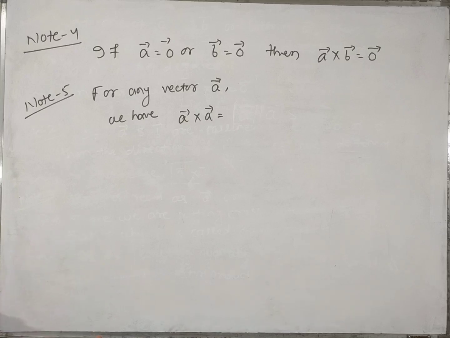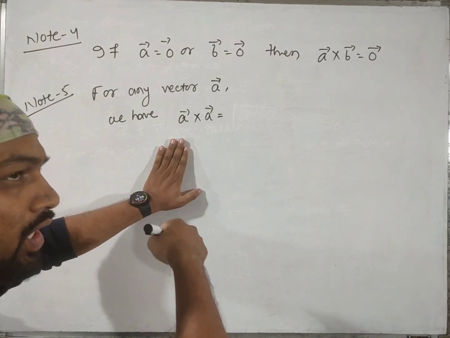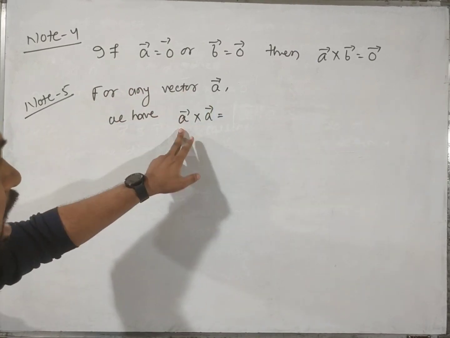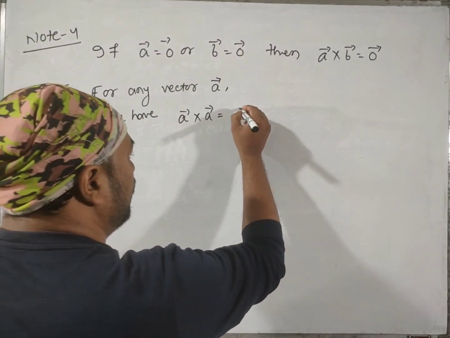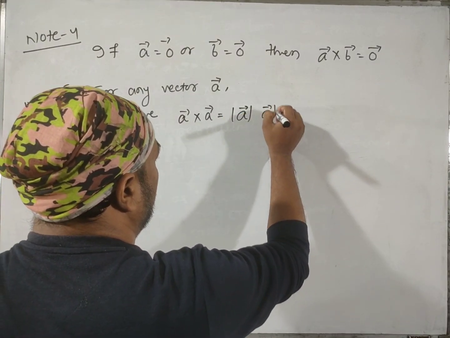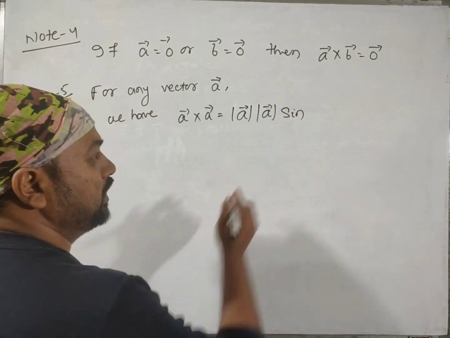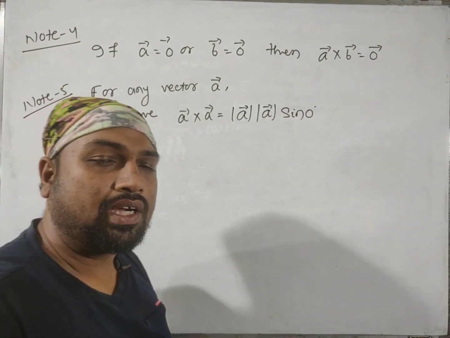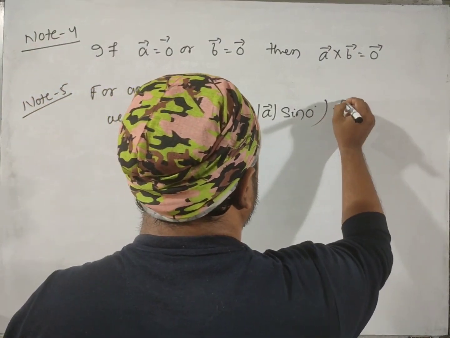Here we are trying to find the result for the vector product of a vector with itself. Let us take a vector A, then A vector product with itself will be magnitude of A vector multiplied by magnitude of A vector into sine of theta, where in place of theta we have to put 0, because the angle between a vector and itself is always 0, with n cap.